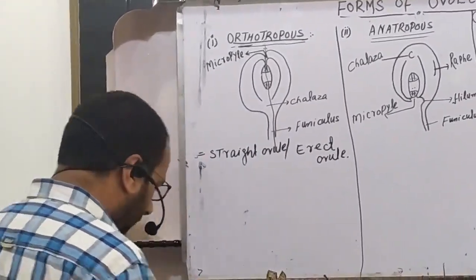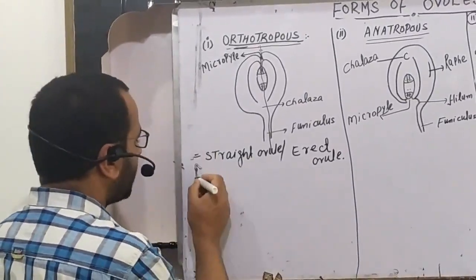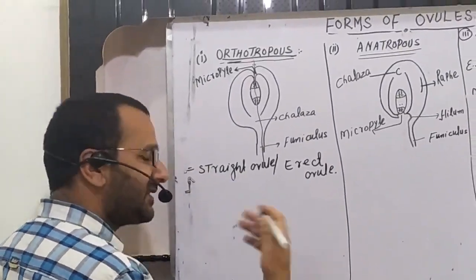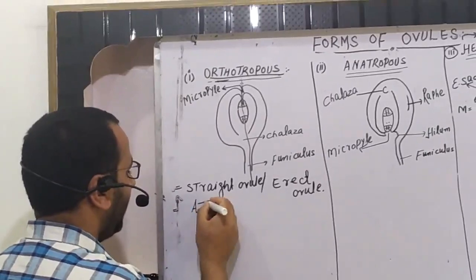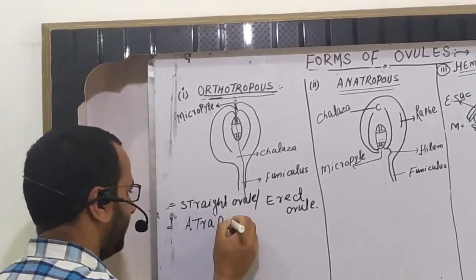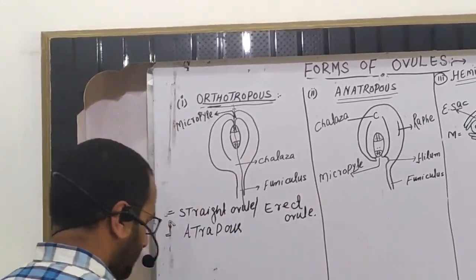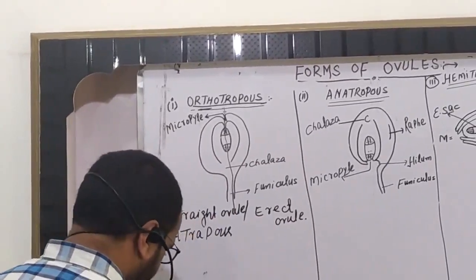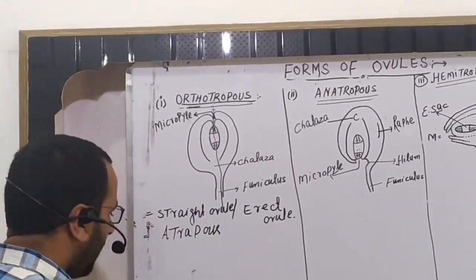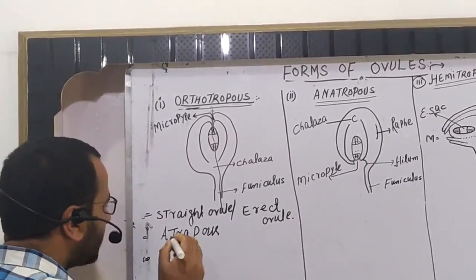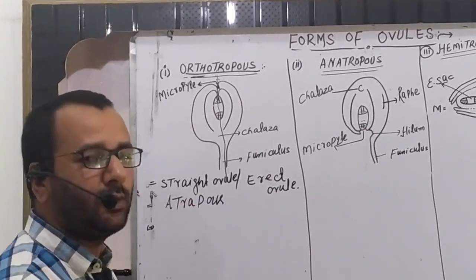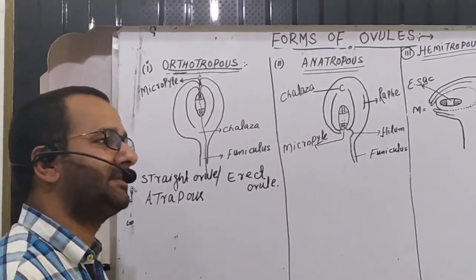Now, this orthotropous ovule is also termed as straight, or we can say that it is atropous ovule. If we see this type of ovule, you can find it in many plants.